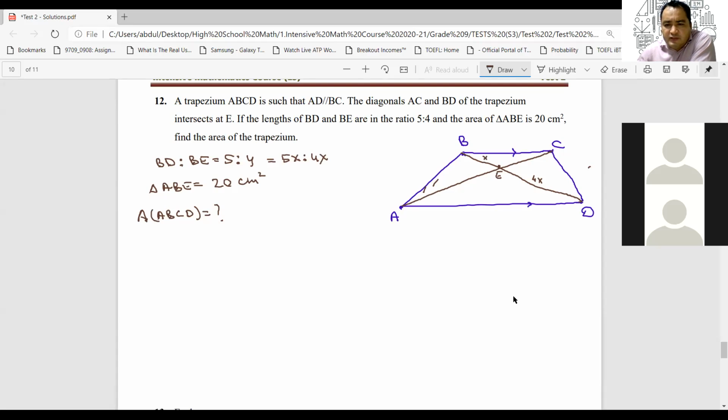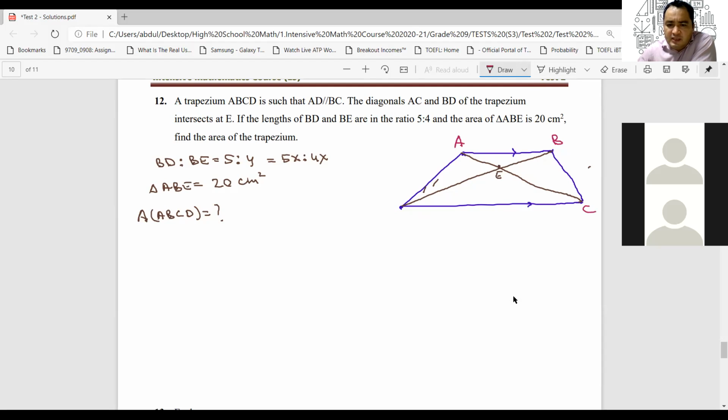Okay, I'll just make a small change. When I write like this, it doesn't look good.